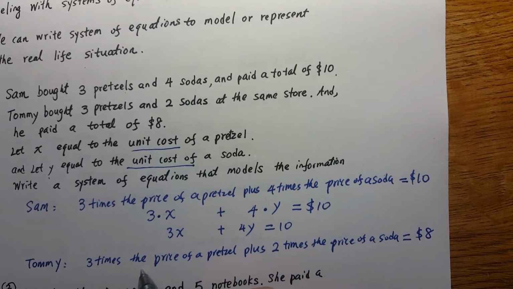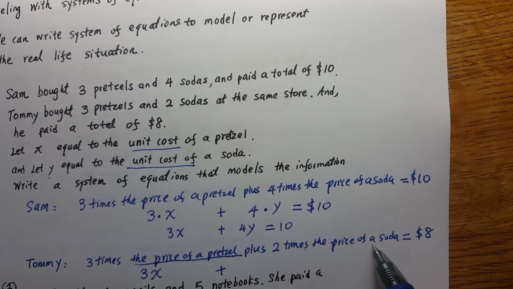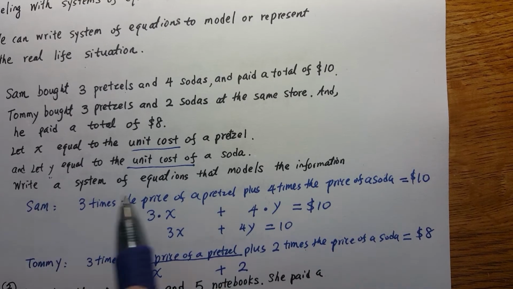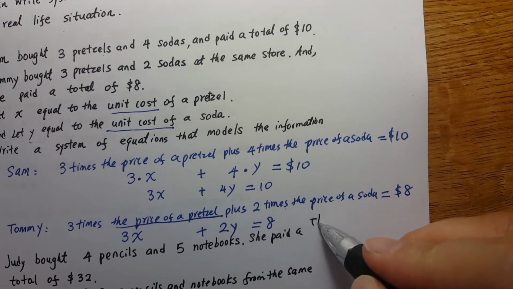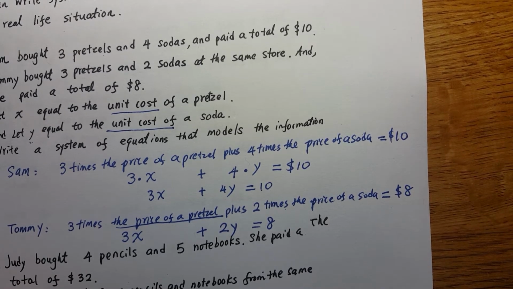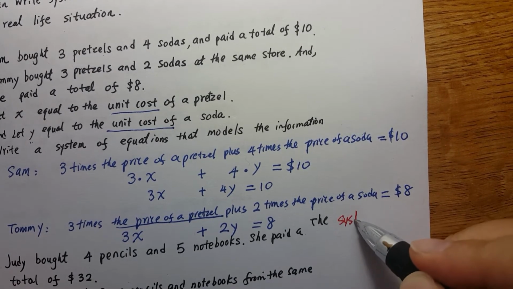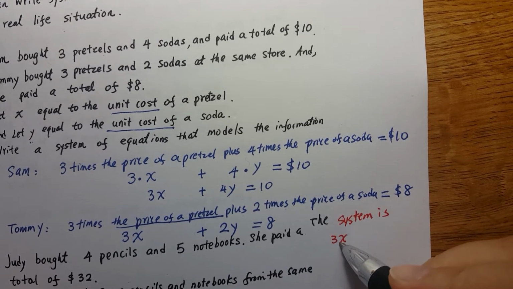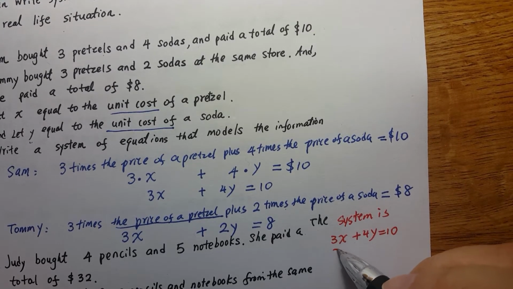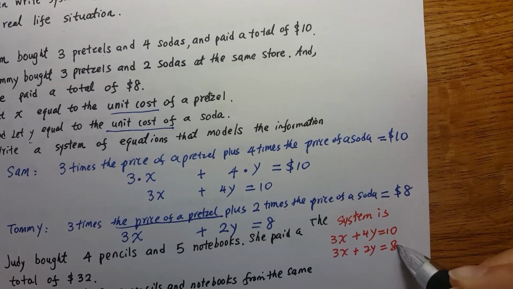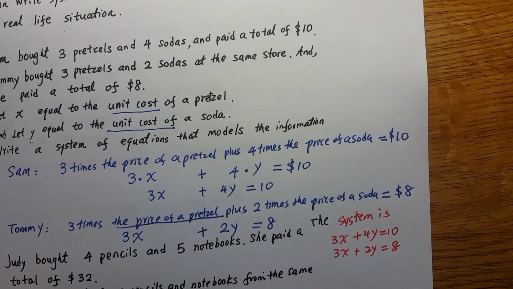So 3 times the price of the pretzel, which is x, so we get 3x, plus 2 times the price of a soda, then 2 times y, which is 2y, equal 8. So now we get the system of equations. We are going to write them together. So the system is 3x plus 4y equal 10, and then 3x plus 2y equal 8. So this is the answer.